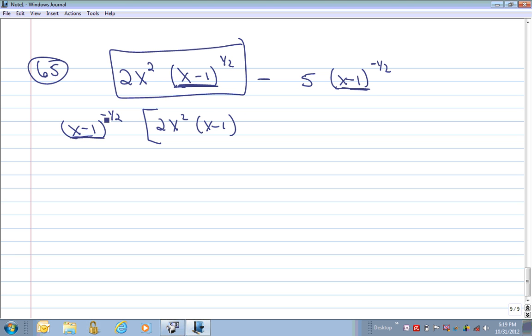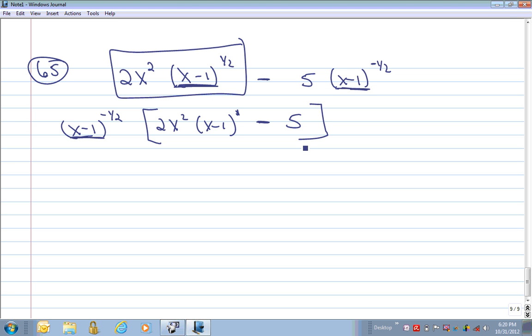What plus negative 1/2 equals positive 1/2? I believe that's just a 1, so we don't even have to write it, but I'm going to put it there so you know. 1 and negative 1/2 give me positive 1/2. All right, and then I'm going to subtract because this is subtraction, and obviously I need 5. And I already have x minus 1 to the negative 1/2, so I'm done with that.